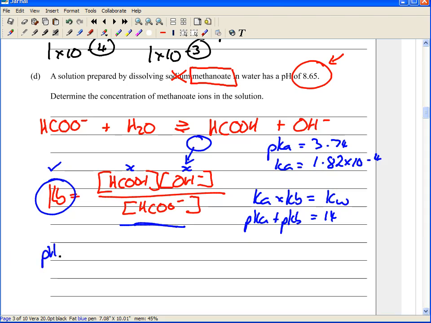If the pH is equal to 8.65, then the H plus, or actually let's do it even easier.